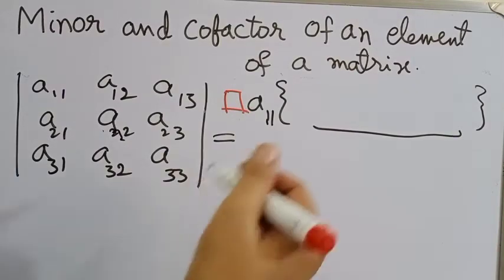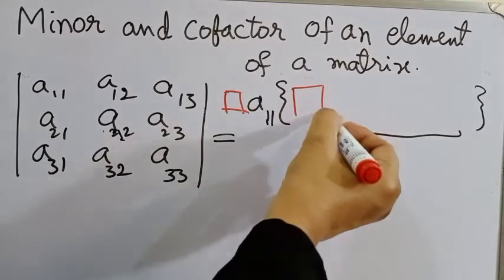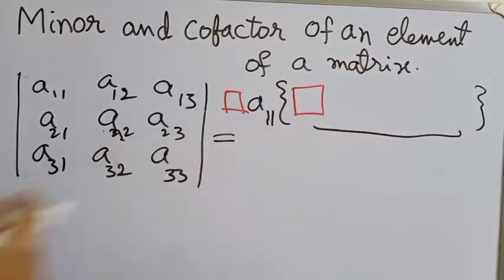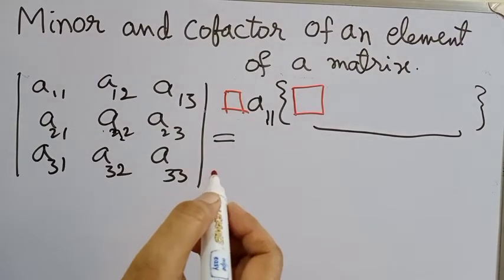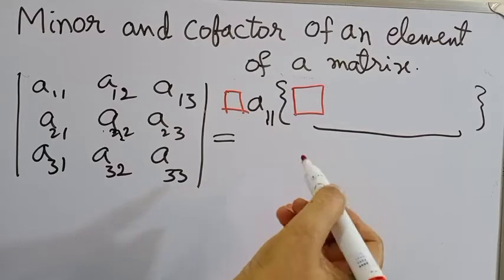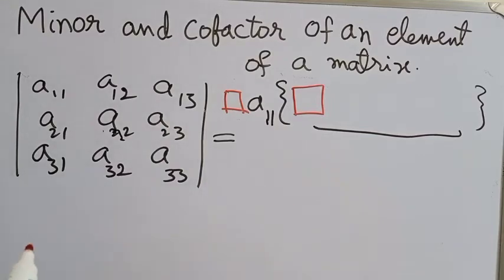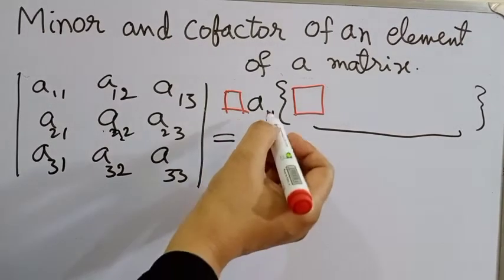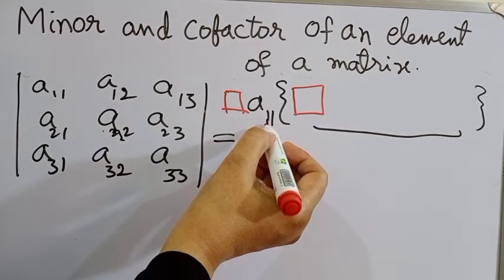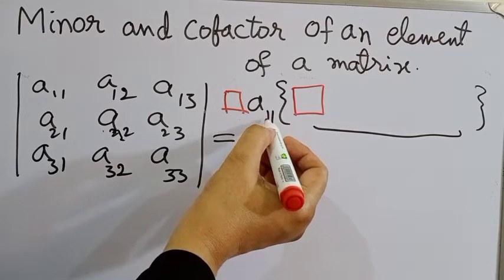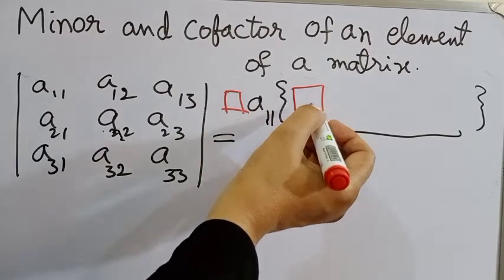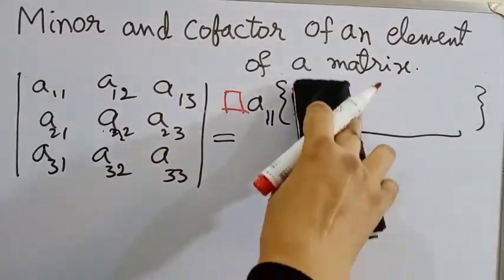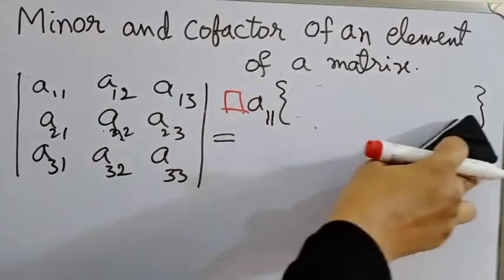Because again it involves a sign, and this sign we multiply with minus one raised to the row number plus the column number. We have row 1 and column 1.